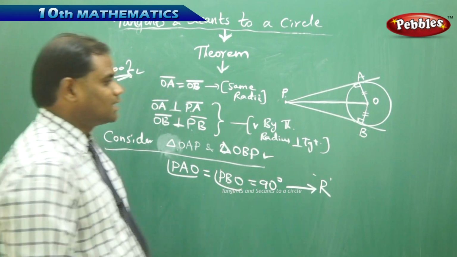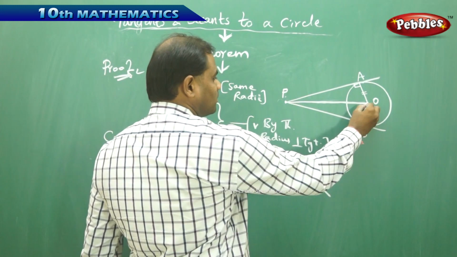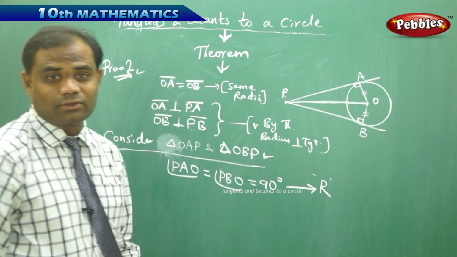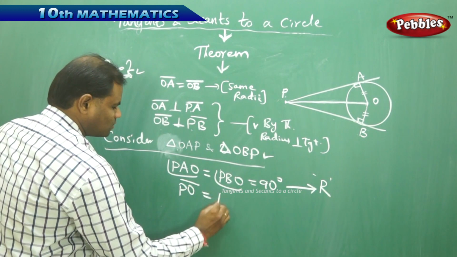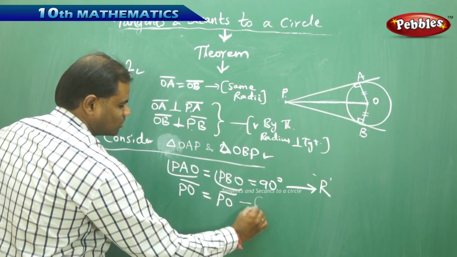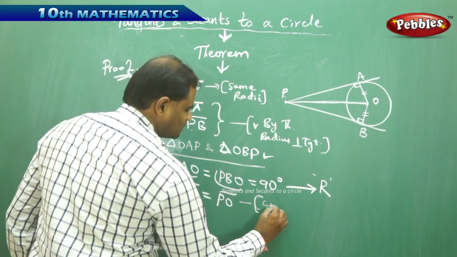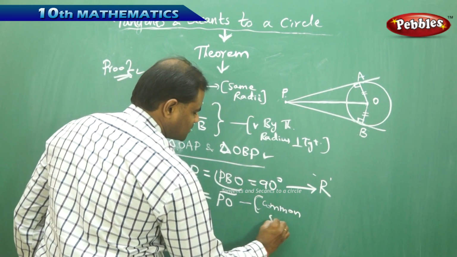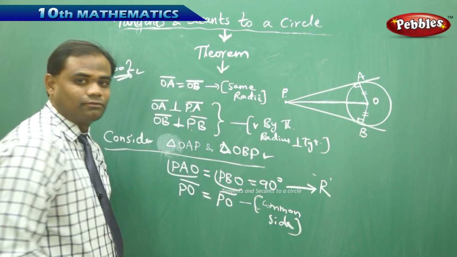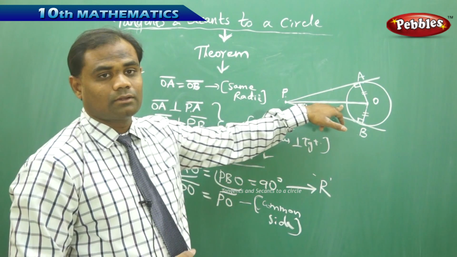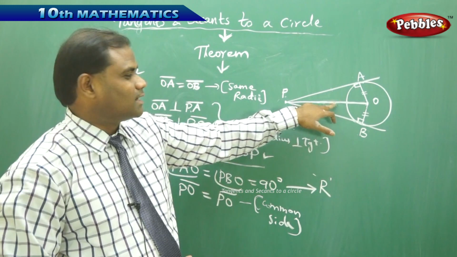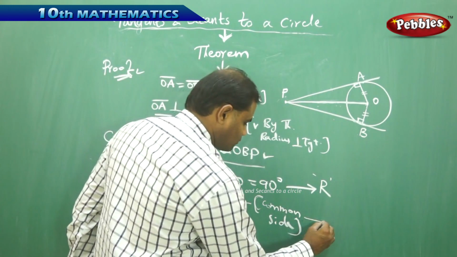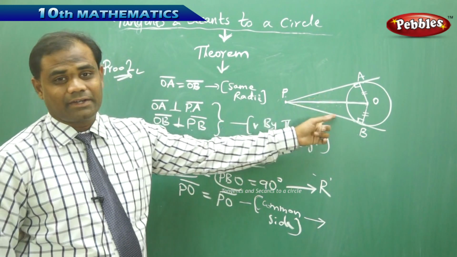Similarly, I see that PO is the common side of the two triangles. That is, the length PO is equal to the length PO itself, because this is the common side for both the triangles. Interestingly, we also observe that this is the hypotenuse for both the right triangles.